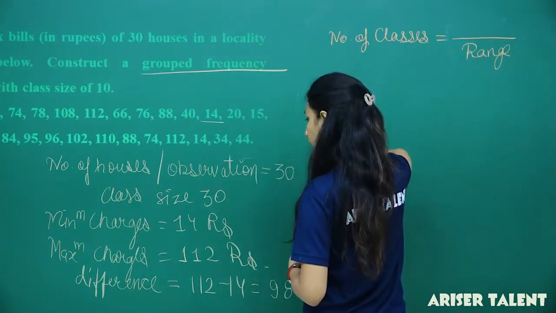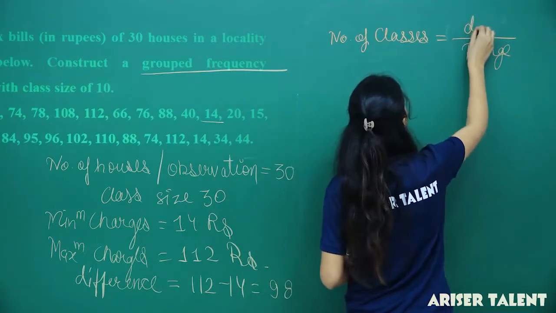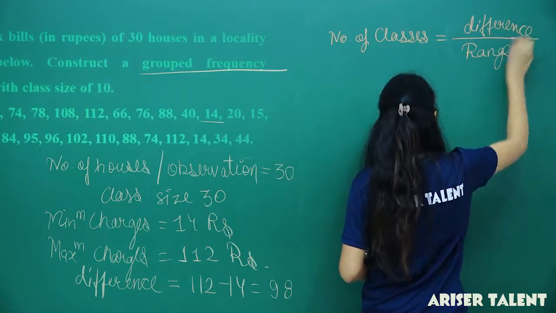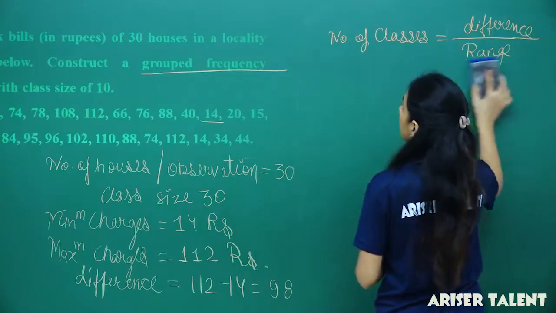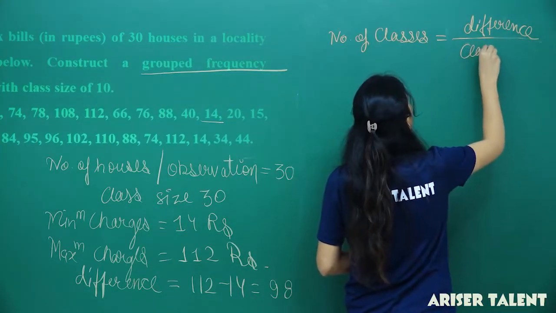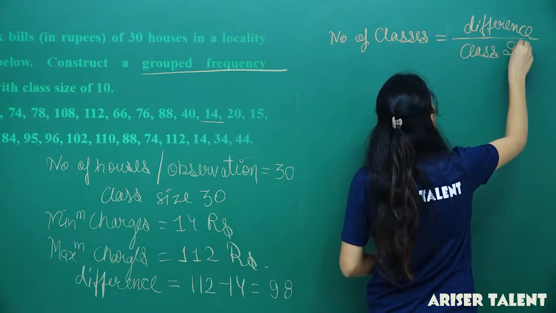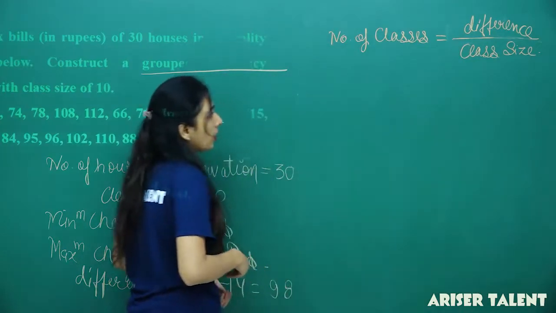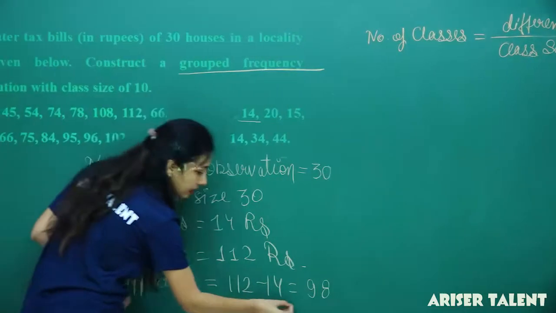The upside will be the value of this difference, upon class size. So, you may write it also as range upon class size, and the range is what?